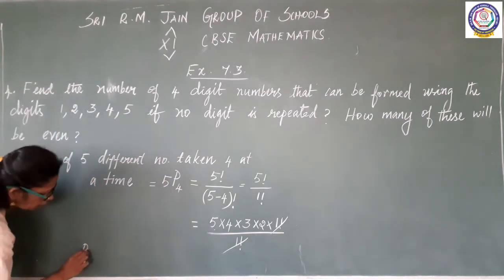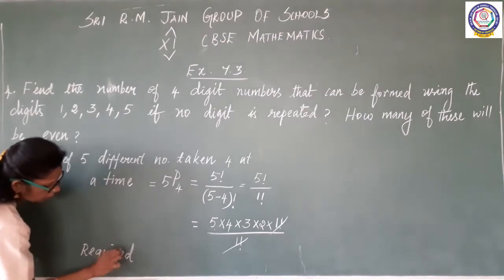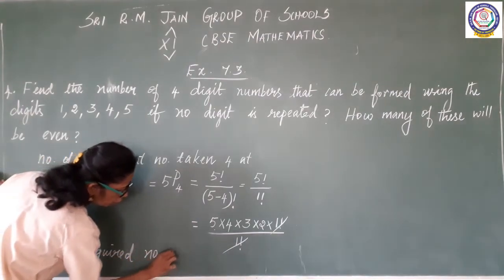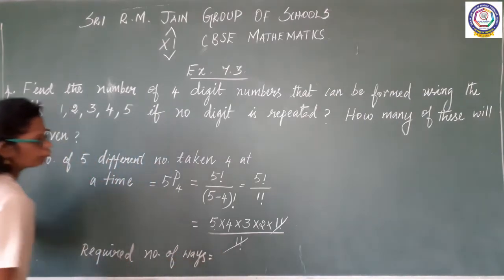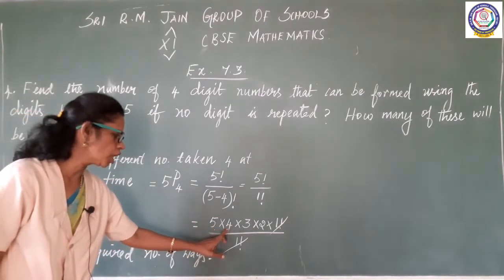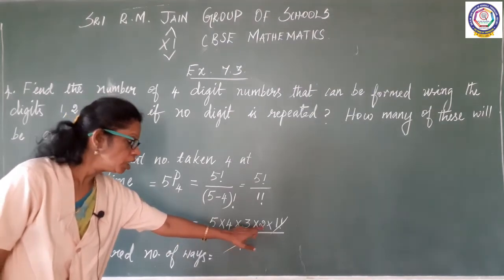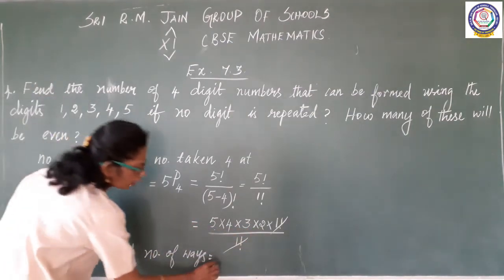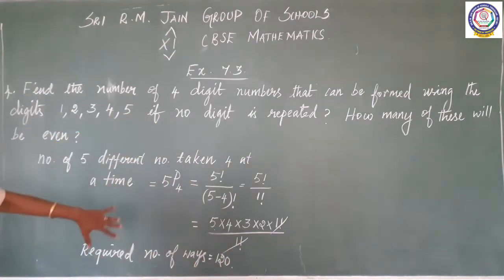The required number of ways equals how many 4-digit numbers we can frame using the digits if the digit is not repeated. 5 4s are 20, 20 into 3 is 60, 60 into 2 is 120. Got it? First part is over.